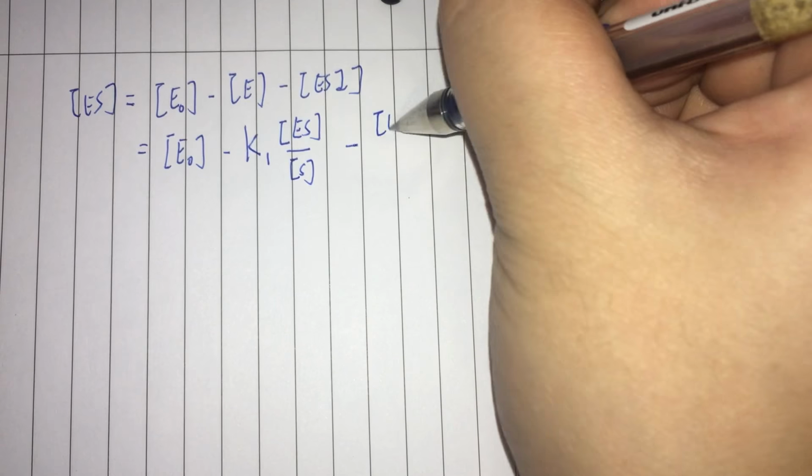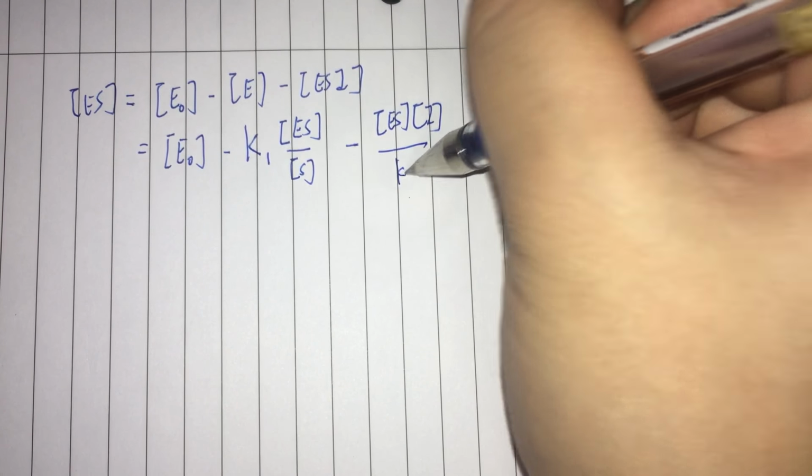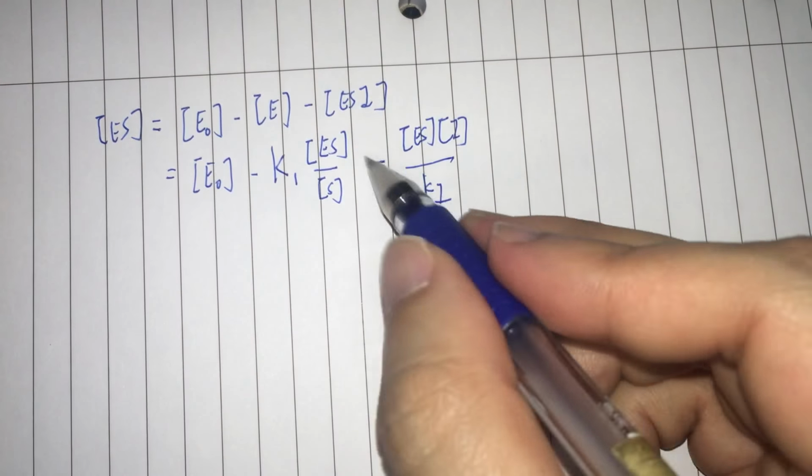Then you have ES into I over Ki. So there's no mistake there, it's really like that.